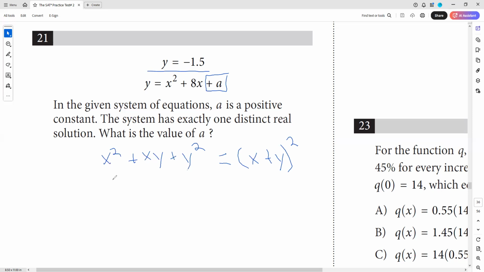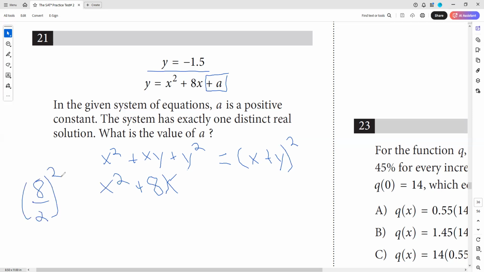If I have x squared plus 8x only, then I know that to find the last term of my trinomial, I need to divide the coefficient by 2 and square it.